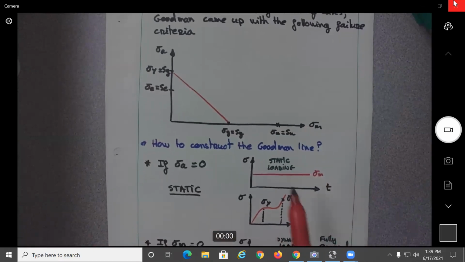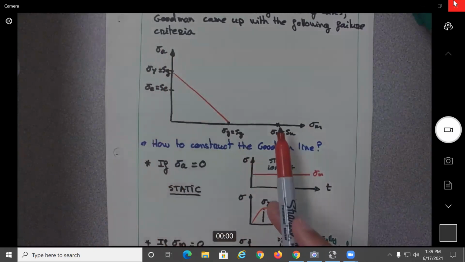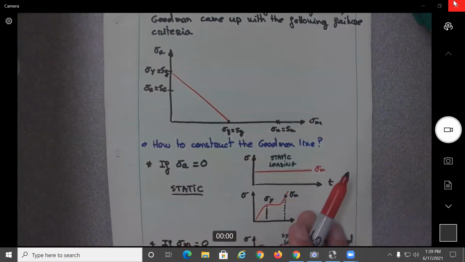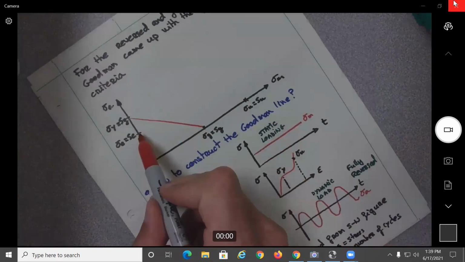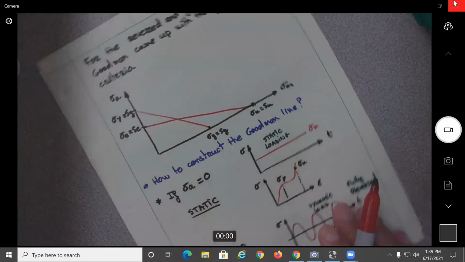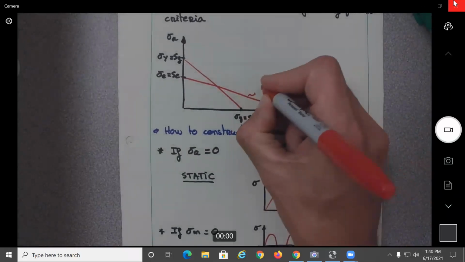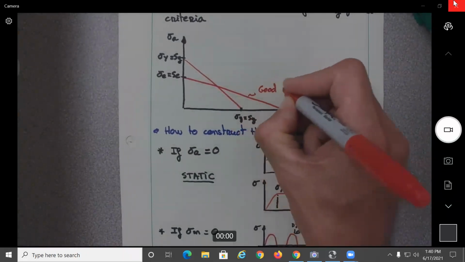So this is one choice, or I could join this one to the ultimate, okay? But since I don't want to do too many curves, the other case I'm going to take is from the endurance to the ultimate. So this would be two lines. So really the Goodman line is this one here.